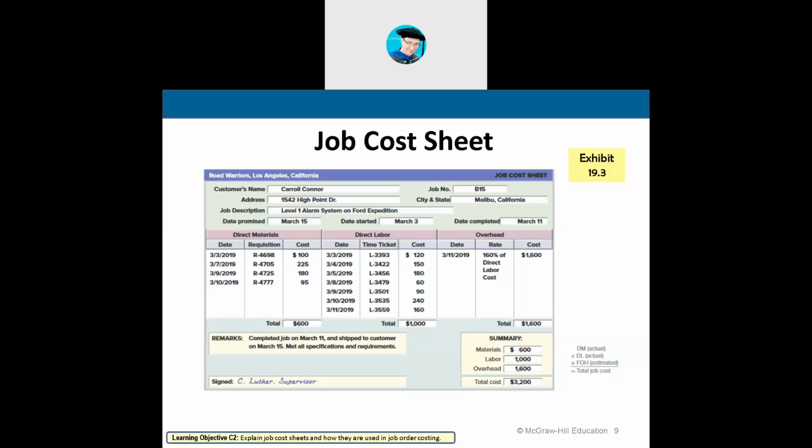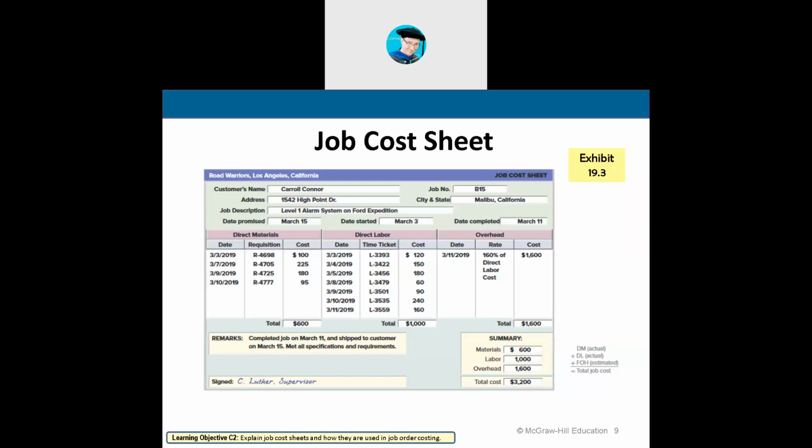You'll see a couple of things related. Everything has a date. The date represents when we used something. For example, direct materials. This is the date that I took on 3/3/2019. I took metal or steel from my direct materials using a requisition number, requisition form.